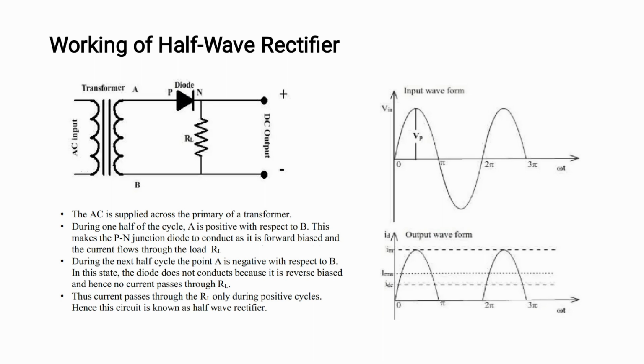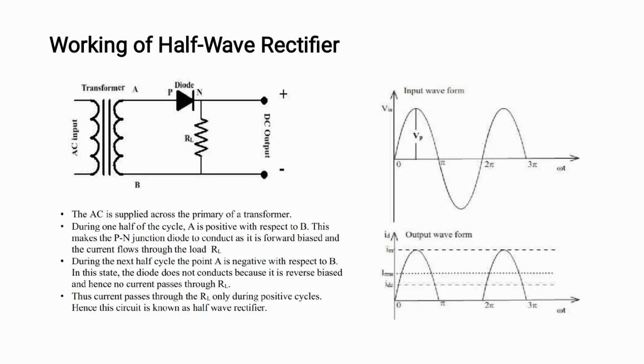In this case the input voltage is applied straight to the load resistor during the positive half cycle, making its upper end positive compared to its lower end. So the output voltage waveform is identical to the source voltage. In this case the output is only the first half cycle.